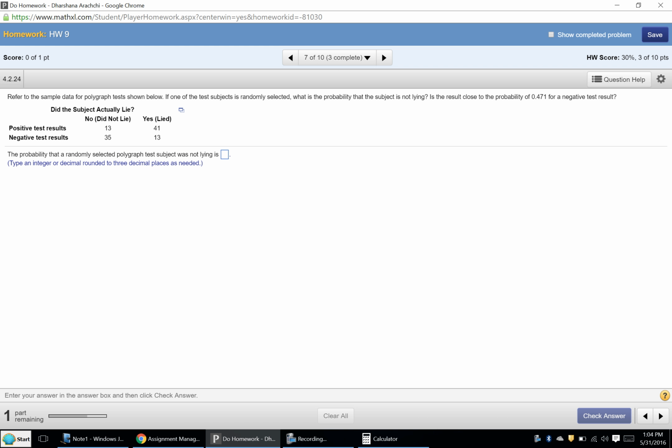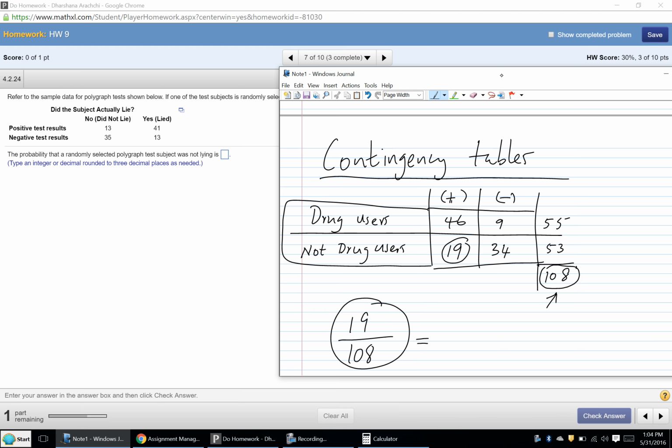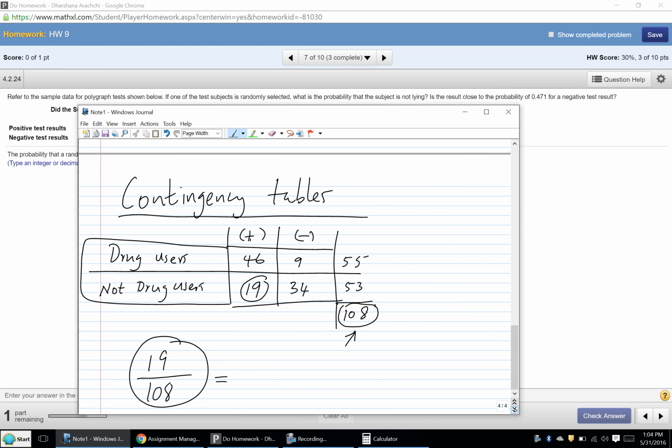If one person of the test subjects is randomly selected, what is the probability that the subject is not lying? Now again, let's redraw this so that I can explain it better.